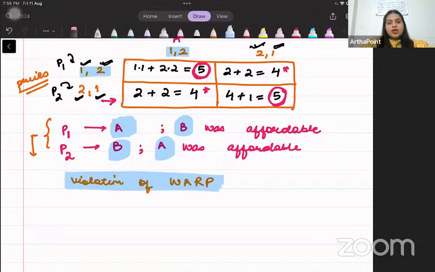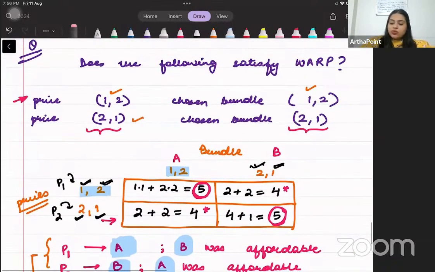Okay, why are we choosing A and B? Beta, we are choosing A and B because that is what is given to me in the question. This is not what I made myself.